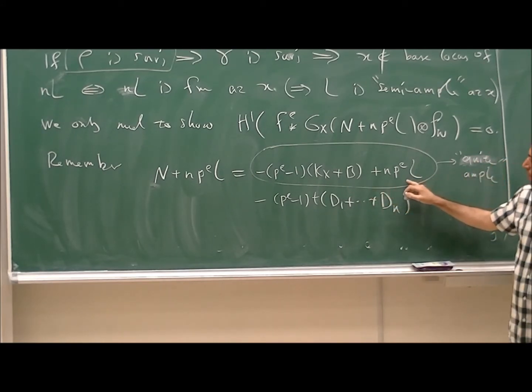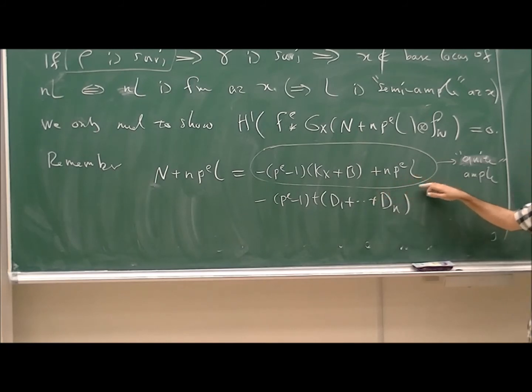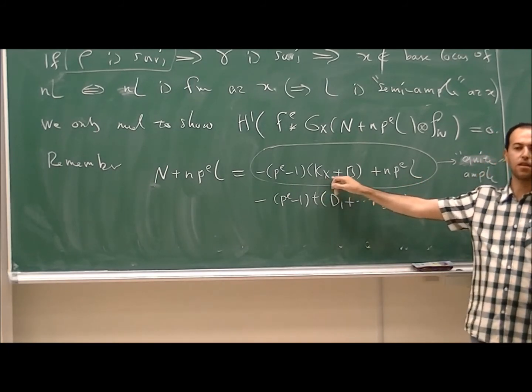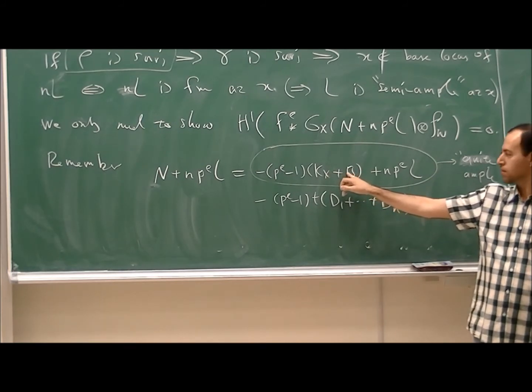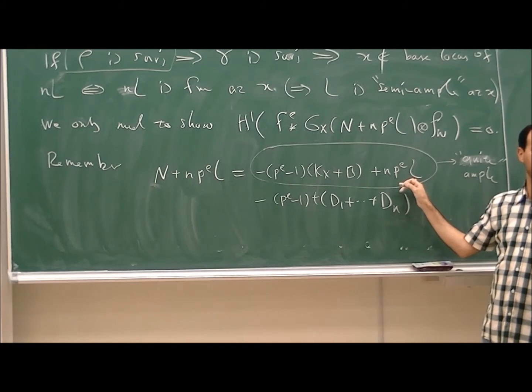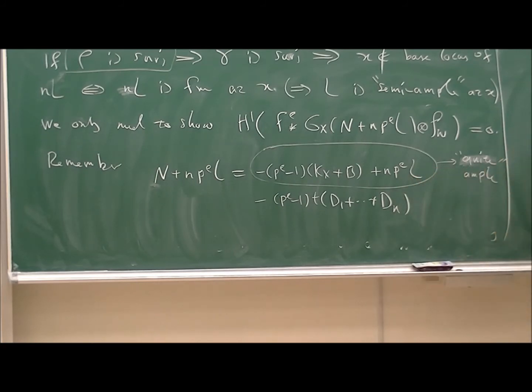I didn't say very ample because we need to be careful about coefficients. So the point is that here I didn't use A. The A is missing here. But the original L, of course, contains A. It's K plus A plus B. So you see that.